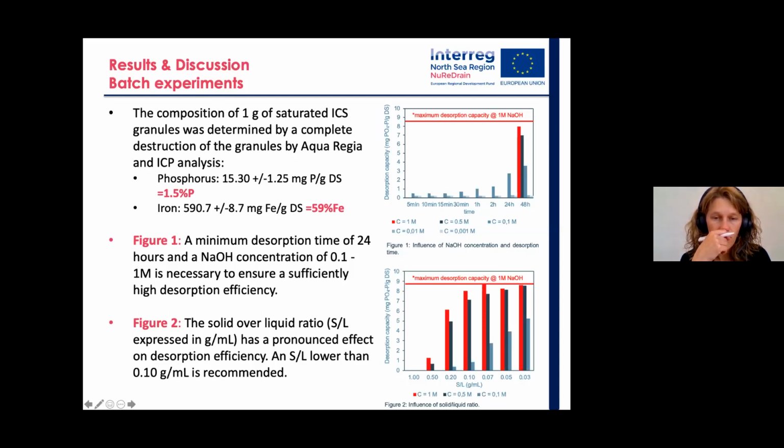That's recommended, that you can see from this figure. Everything that is higher is better, and so we can desorb, let us say, 6, 7 until 8 milligrams of phosphorus from 1 gram of dry solids.